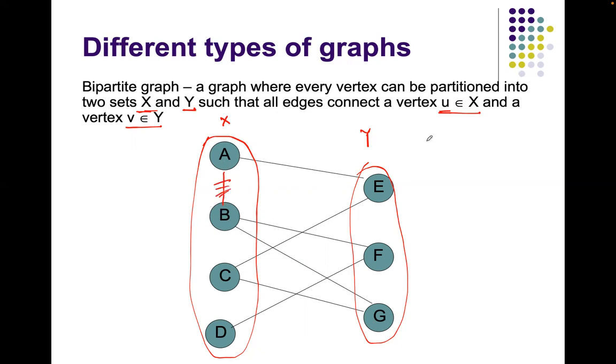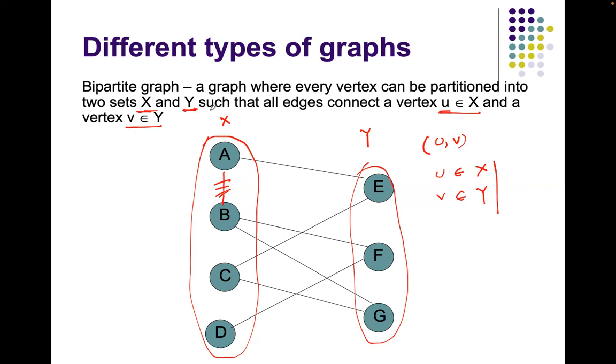So in a bipartite graph, for every edge UV, U belongs to set X and V belongs to set Y. And X and Y are completely disjoint sets. In this graph, we can partition every vertex into these two sets, X and Y.